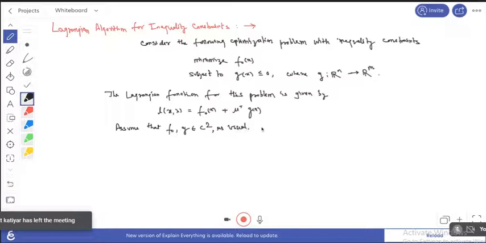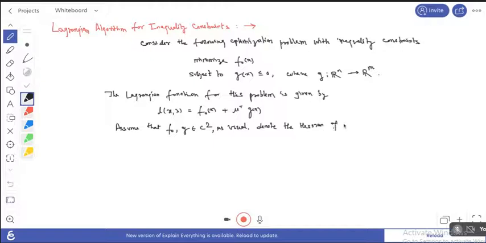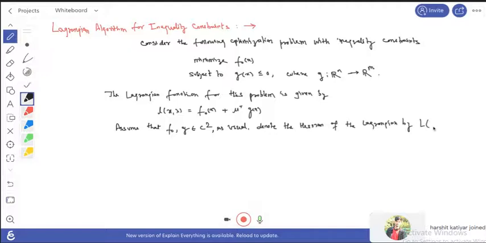So now we denote the Hessian matrix of the Lagrangian function, the Lagrangian, by suppose L of x and mu.